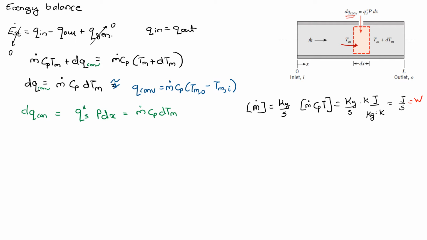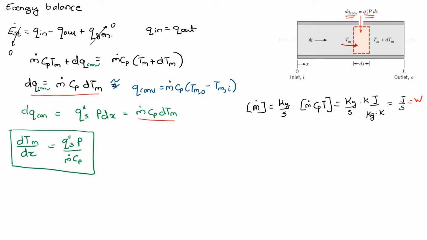So now the q convection from the diagram given to us is q double prime s, that's the constant heat flux at the wall, times the perimeter times dx, which is equal to m dot cp into dTm, which we just calculated here.